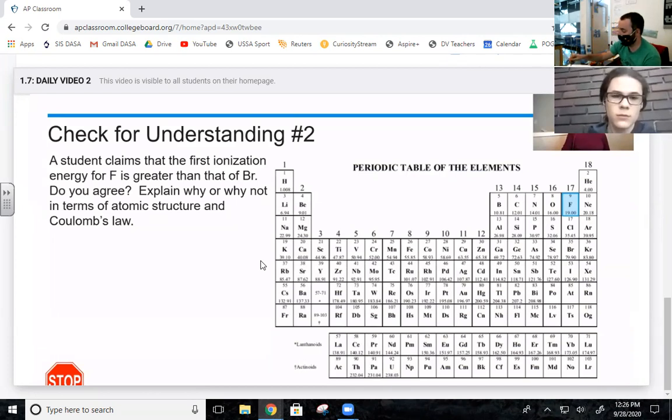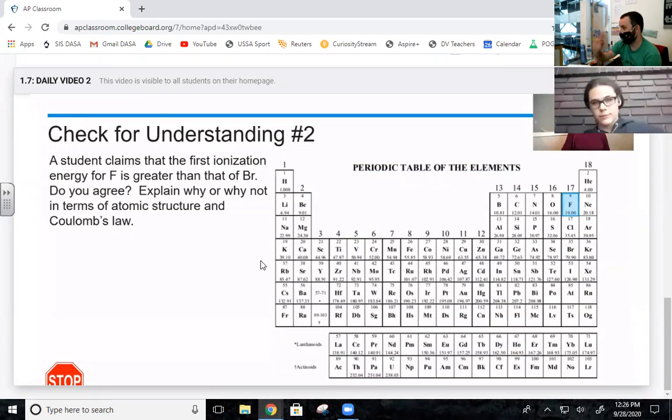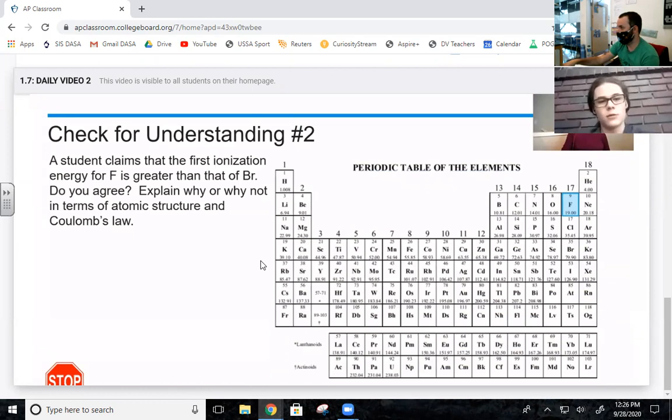So you're going to need to say, Coulomb's law says that the distance increasing means that the pull, the attraction between them, goes down by the square, right? Establish that and then say, fluorine has a smaller atomic radius. Therefore, the energy to pull the electron away, the ionization energy, is higher because of that distance.